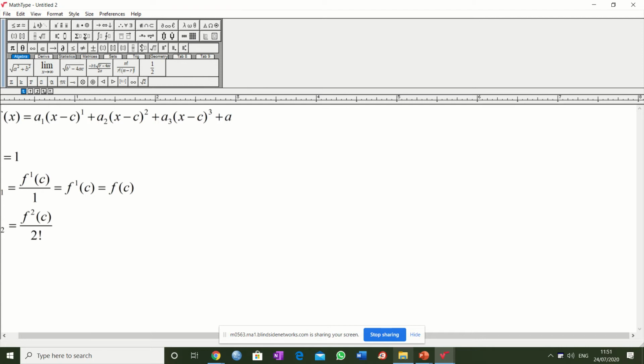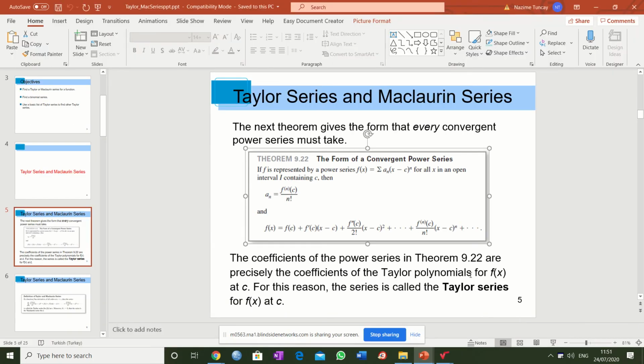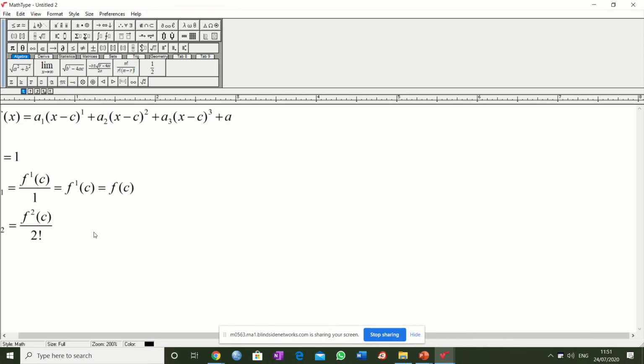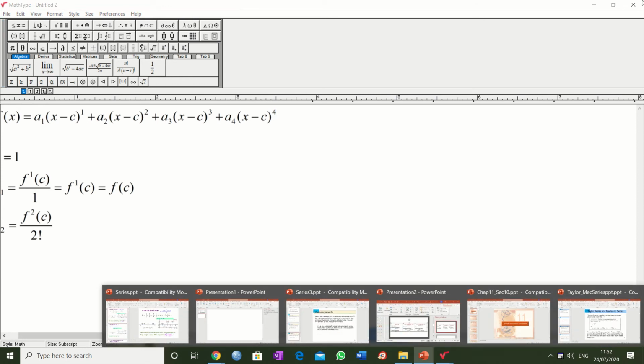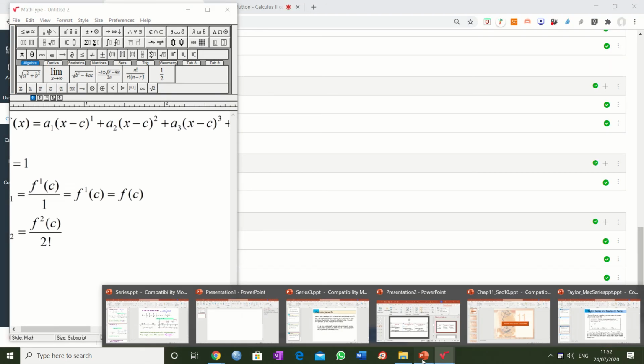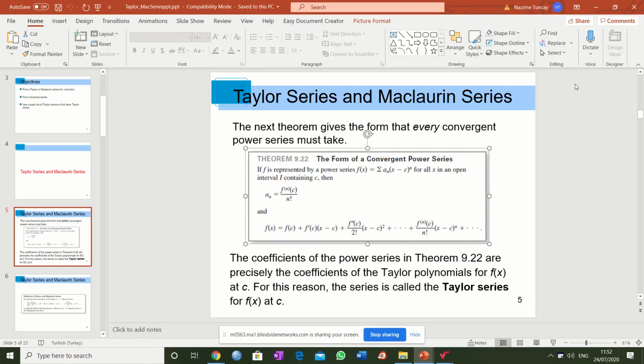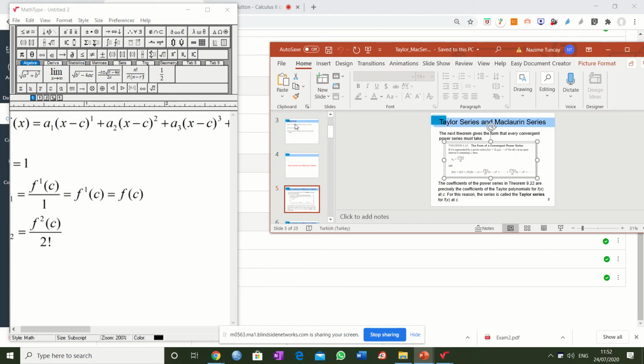I don't see any borders here, so this means it goes to infinity. If you don't write borders, you can say it is an infinite summation. This is the first term of this series.